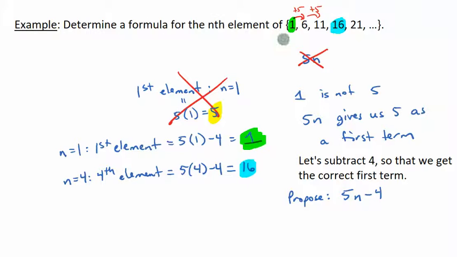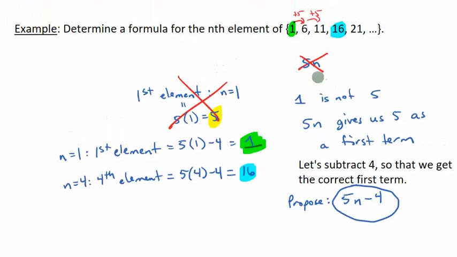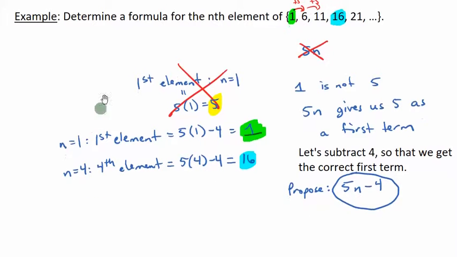And the reason for that is this set is very similar to the 5n set. So let me show you. Okay, so this is the correct formula. I can rewrite this set now using the nth term formula that we just found. So 1, 6, 11, 16, 21, dot, dot, dot, the nth term, 5n minus 4, comma, dot, dot, dot.